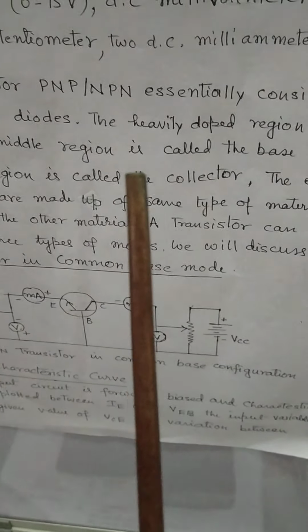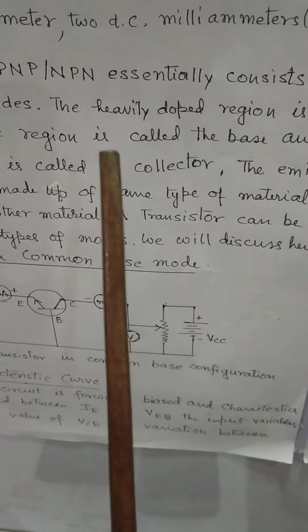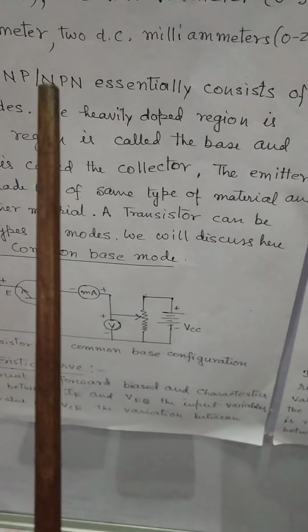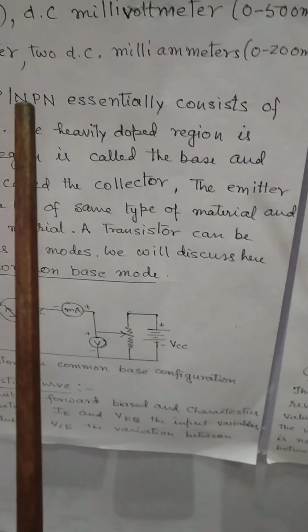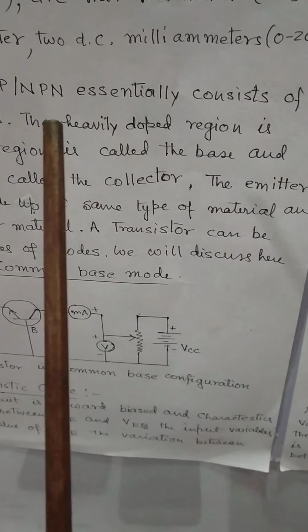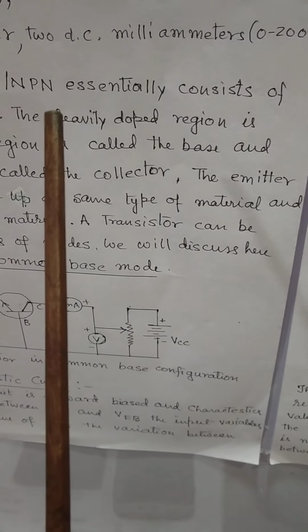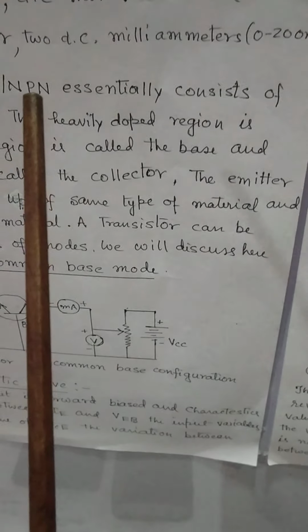If we want to make an NPN transistor, then we have to use N type material as emitter and collector, of which the emitter is heavily doped and the collector is lightly doped.